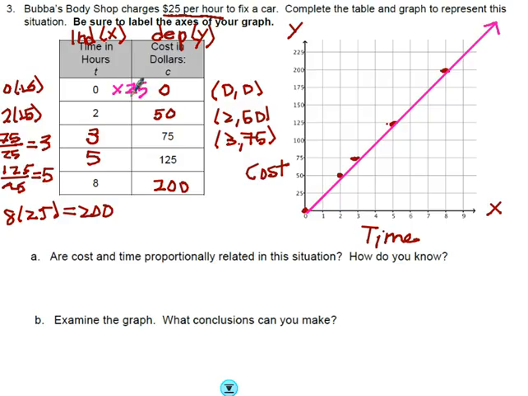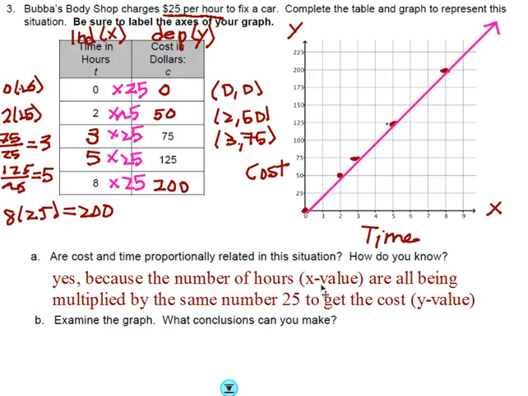And 0 times 25 was 0, 2 times 25 was 50, and everything was multiplied by 25. So basically, in conclusion, this is a proportional relationship because the number of hours are all being multiplied by the same number, which is 25, to get the cost.